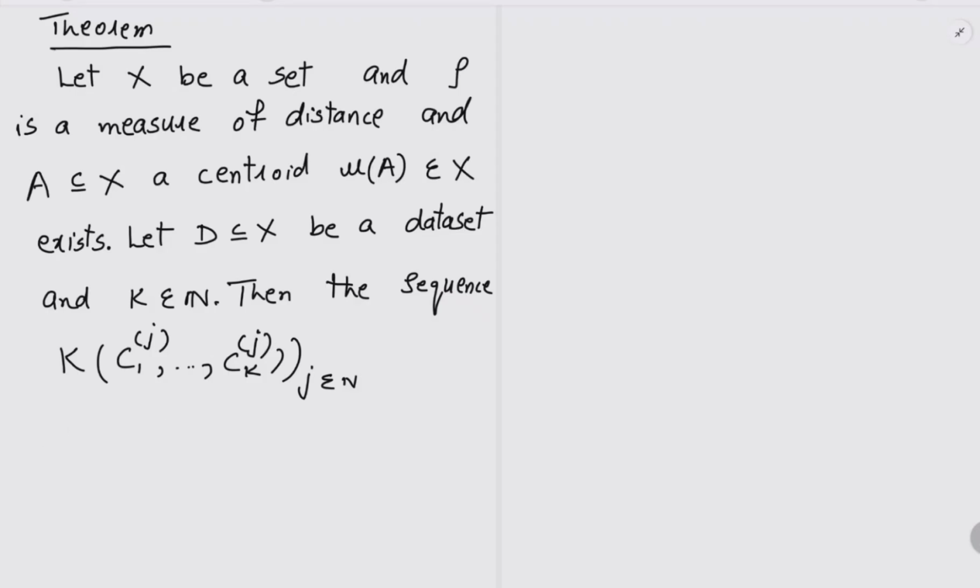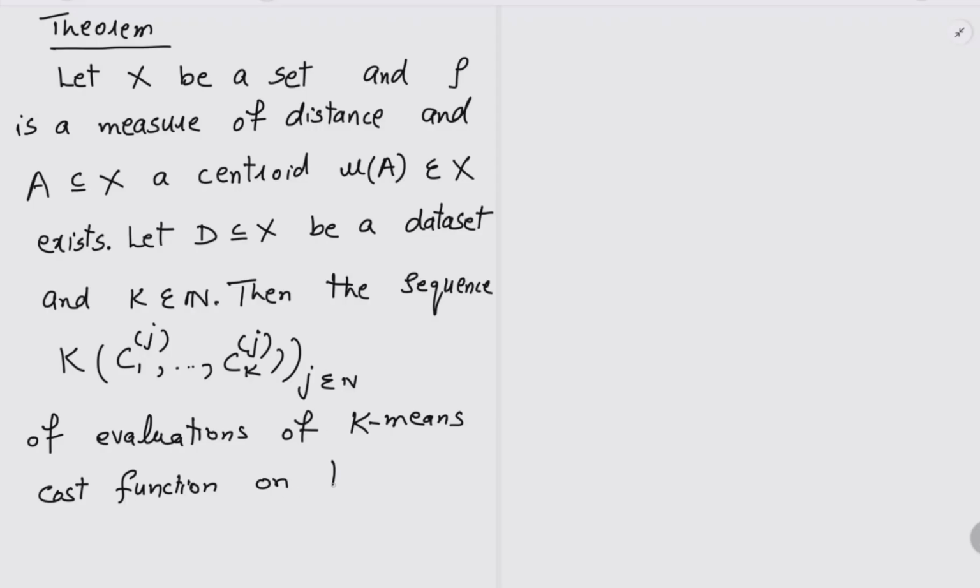Then the sequence of evaluations of this cost function, the k-means cost function on the clustering, is monotonically decreasing.